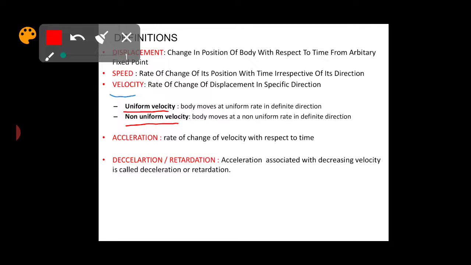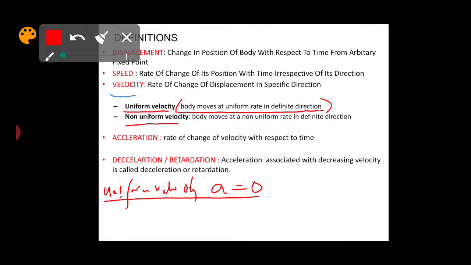So uniform velocity is one where the body moves at a uniform rate in a definite direction. When I say the body is in uniform velocity, it means the acceleration A is equal to 0. So uniform velocity is defined as V is equal to S upon T.